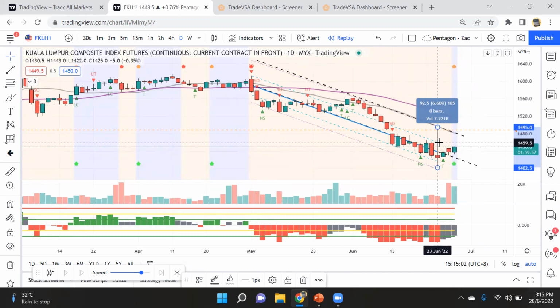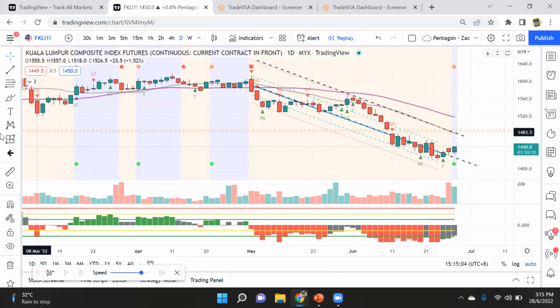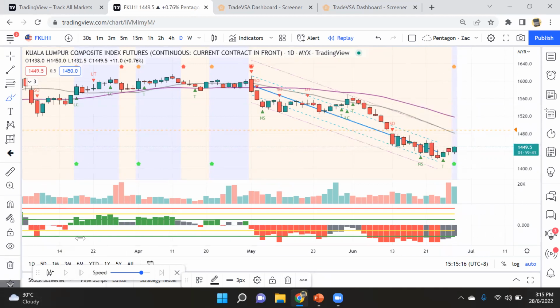So in this case over here, most of the time, let's say they cross the middle line, somewhere from here, they can try and retest the next resistance. So we want to be careful of the upthrust here. Now, why is this an important resistance to look into? Again, if we go back to what we shared previously about gap up and gap down, here we got one gap down.